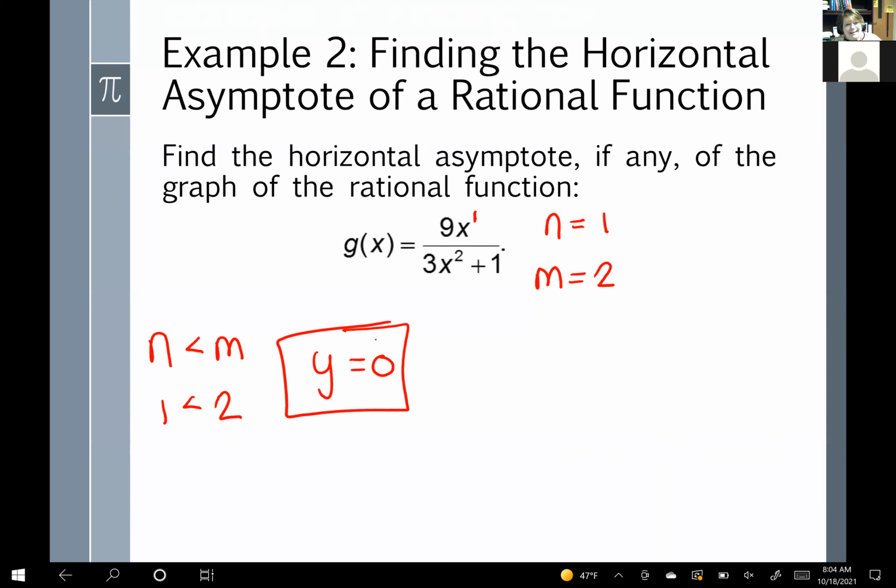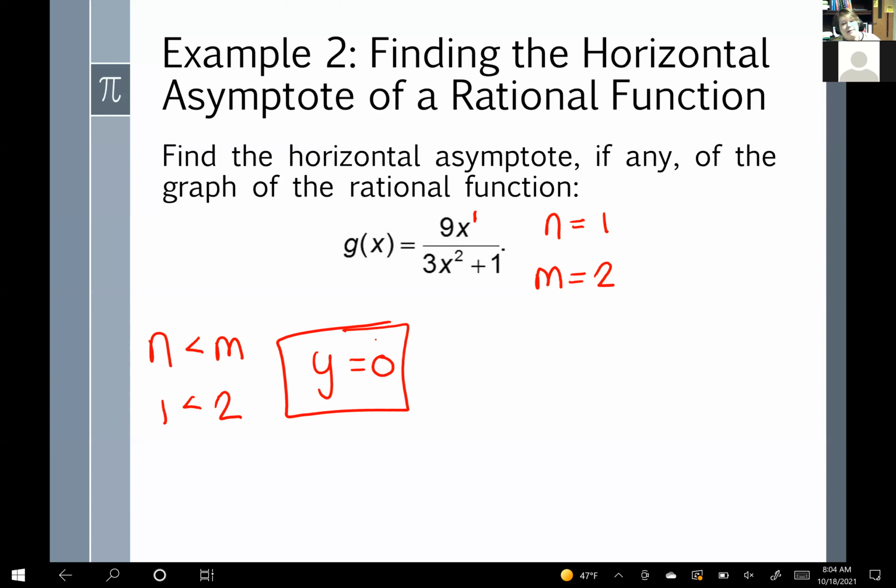And again, this kind of sort of makes sense, because if you look at this function, what's the behavior of this function as x increases without bound? Well, both the numerator and denominator increase without bound as x increases without bound, but the denominator increases faster because of the x squared in there.